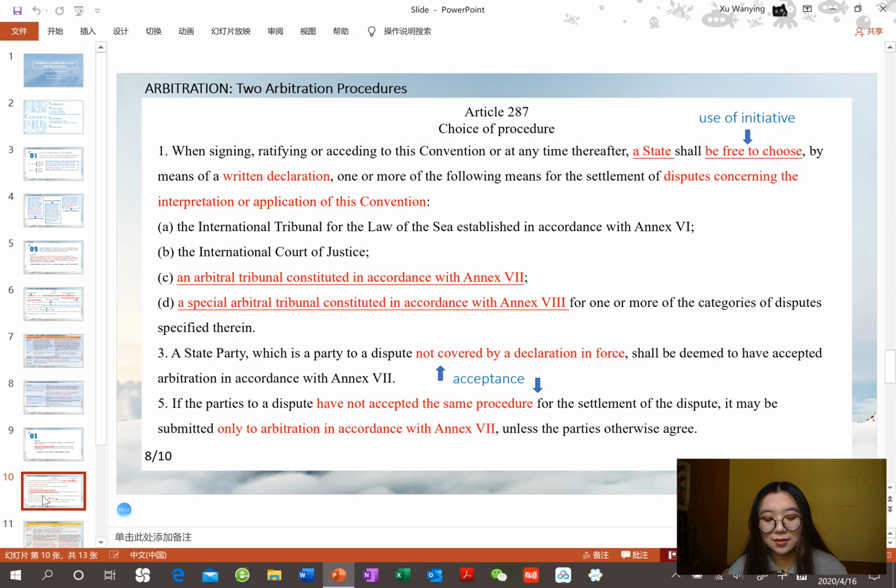The second case is the acceptance. If a state party has not chosen the arbitration procedure, or the procedures chosen by the parties are inconsistent, it shall be deemed to accept arbitration procedure under Annex 7 of the Convention. It is in paragraph 5 you can see here.